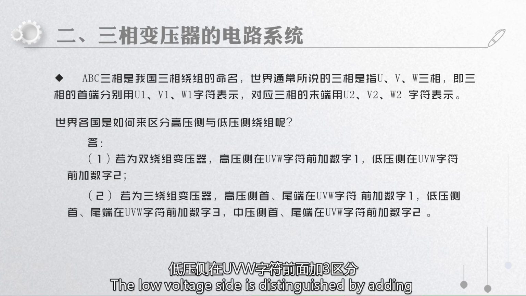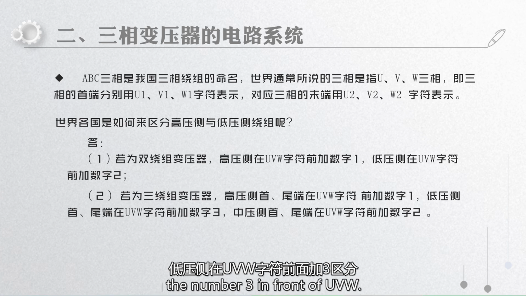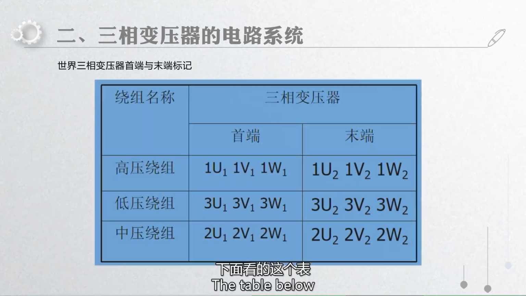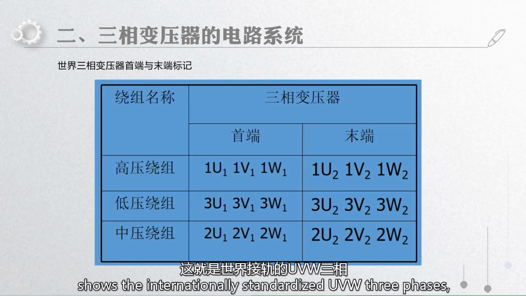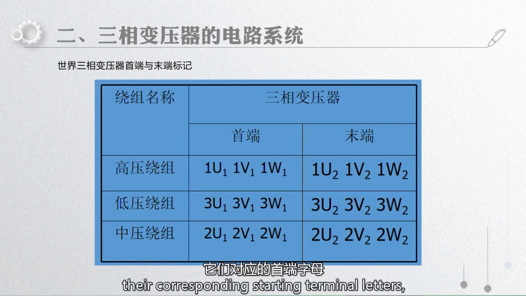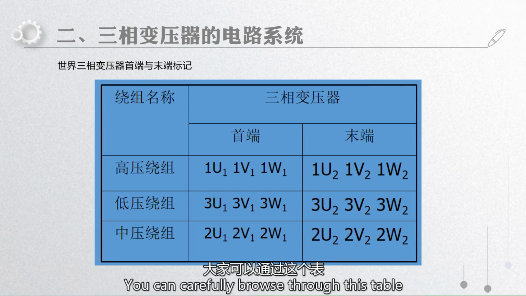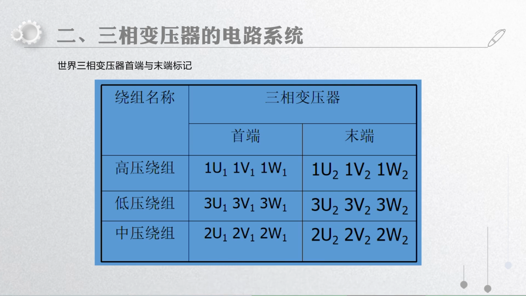The low voltage side is distinguished by adding the number 3 in front of U, V, W. The medium voltage side is denoted by adding the number 2 in front of U, V, W. The table below shows the international standardized U, V, W three phases, their corresponding starting terminal letters, and the form of expression for the ending terminal letters. You can carefully browse through this table to understand it better.